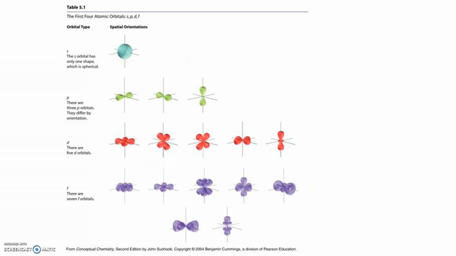Okay, so what did those actually tell me? Again, the L told me the shape of the orbital. S is a sphere, so I like to think S for sphere. P is these dumbbell-shaped ones that go along the axes.